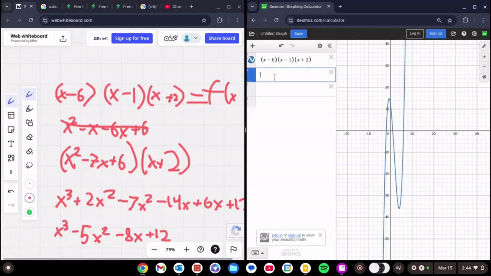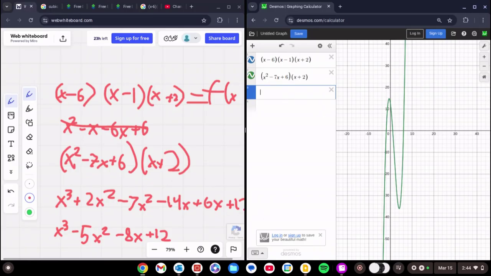I'm going to type in x squared minus 7x plus 6 times x plus 2. As you can see, it looks like the line is turning green, which means the equations are right on top of each other, and they are the exact same equation.